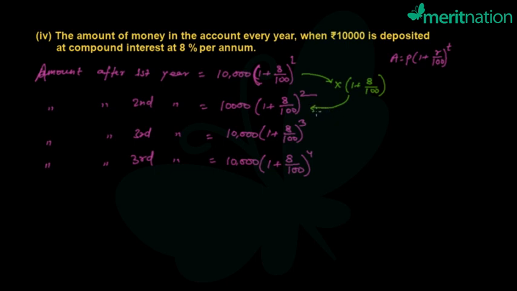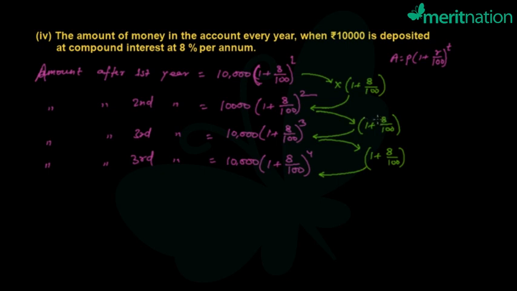If we multiply the second one with 1 plus 8 by 100, we get the third term. And if we multiply the third term by 1 plus 8 by 100, we get the fourth term. So every time it is being multiplied by the same number, not added by the same number.